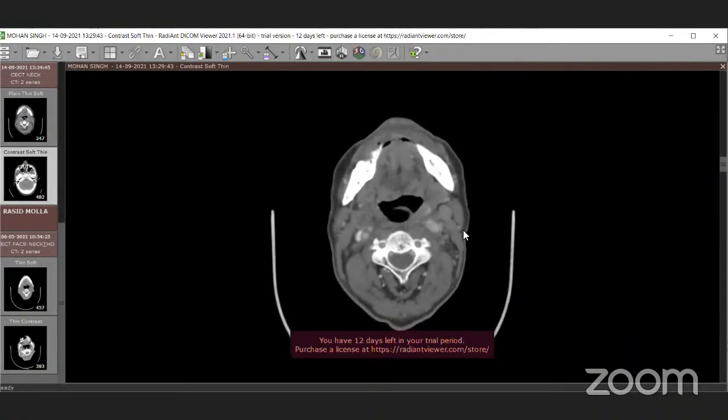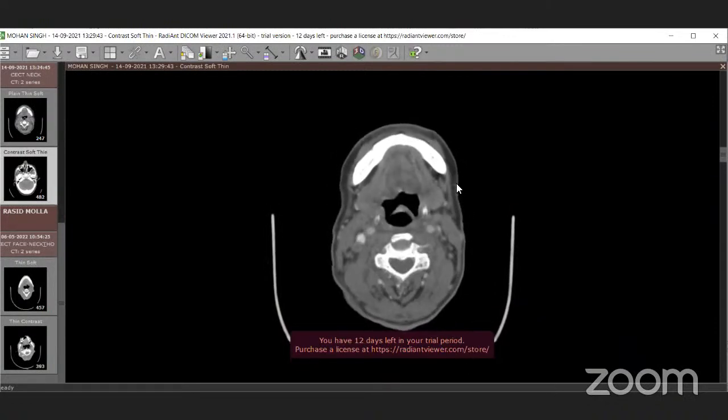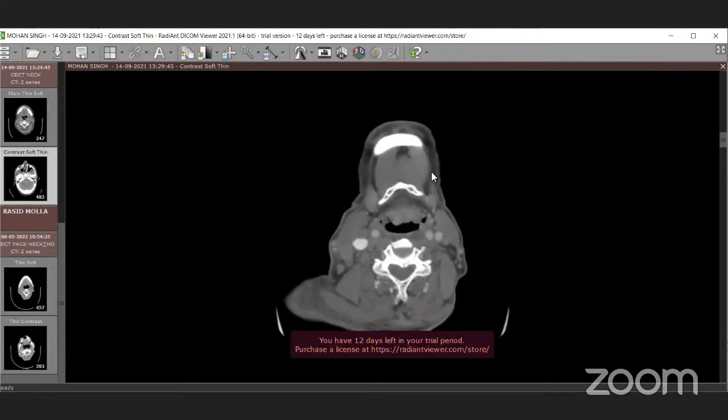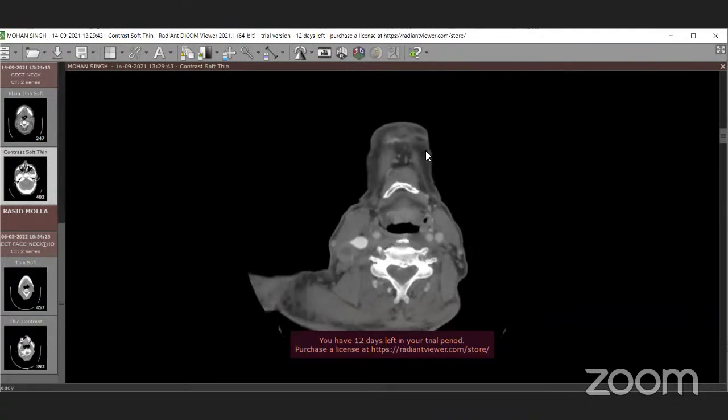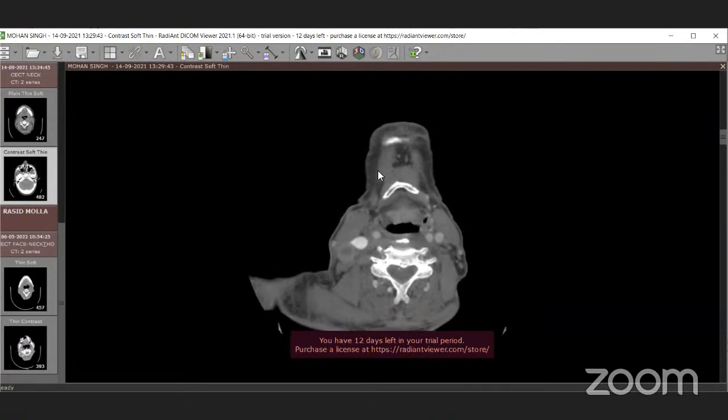This is the angle of the mandible, and then you can see the platysma. And inferiorly, you can see it up to the level of the hyoid here. After that, it goes on a transverse plane, and the muscle is spread out in the axial section, so it is difficult to make out.